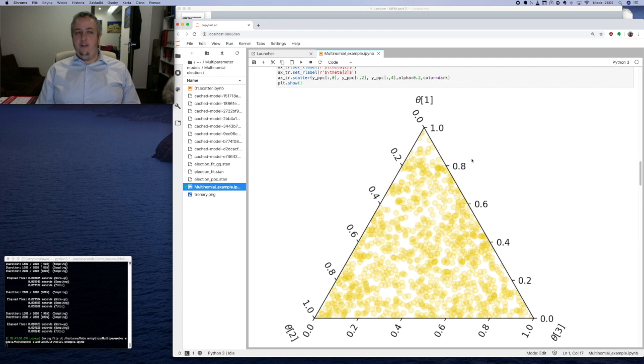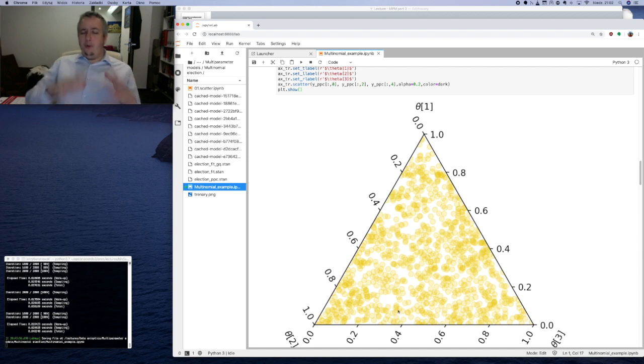So we have the contours of lines of constant values of theta 1 as horizontal ones. In the case of theta 2, one is here, and all the values are going in lines which are parallel to this edge of the triangle. And finally, for theta 3, we have the parallel lines going from here.